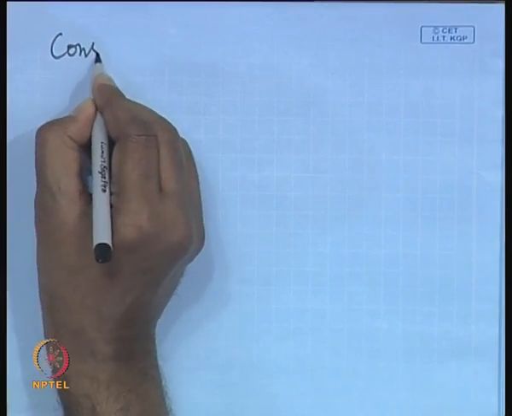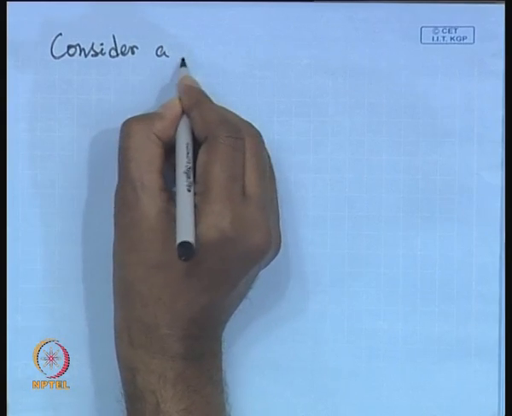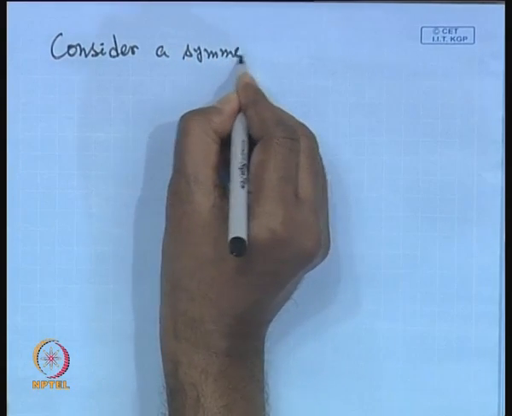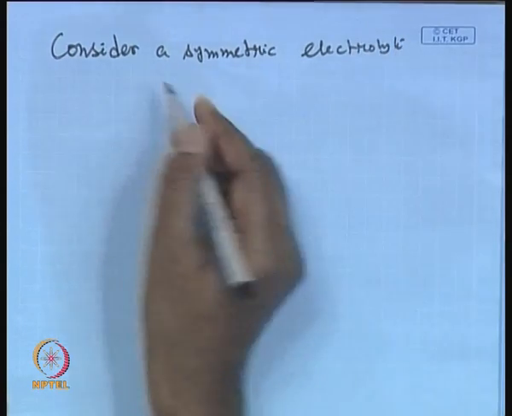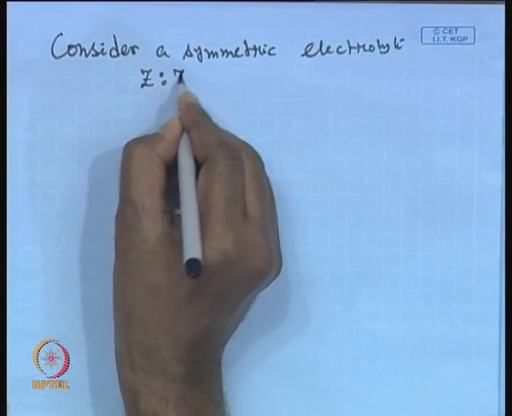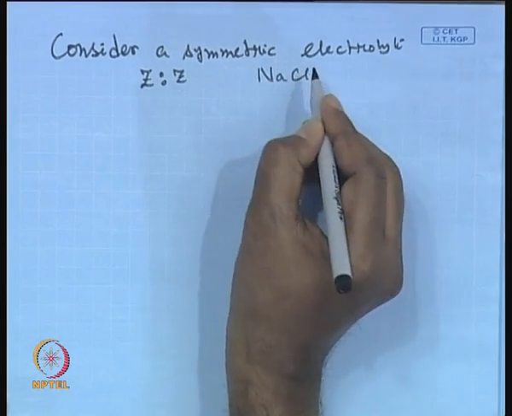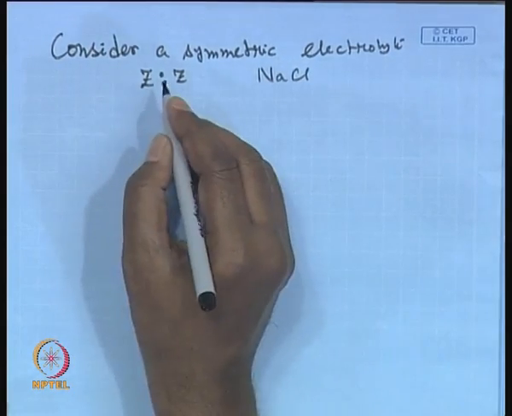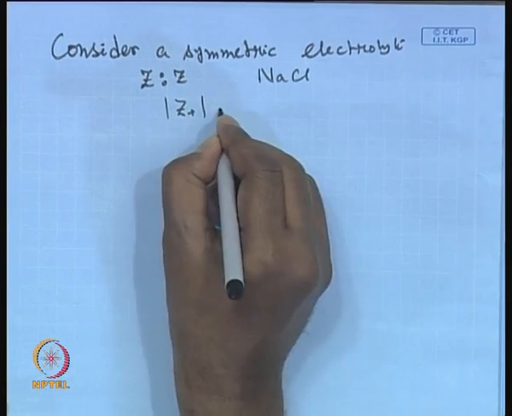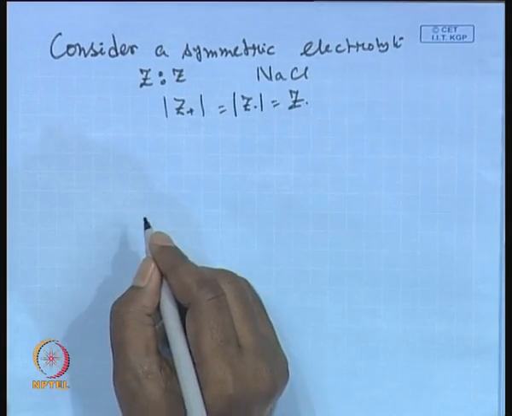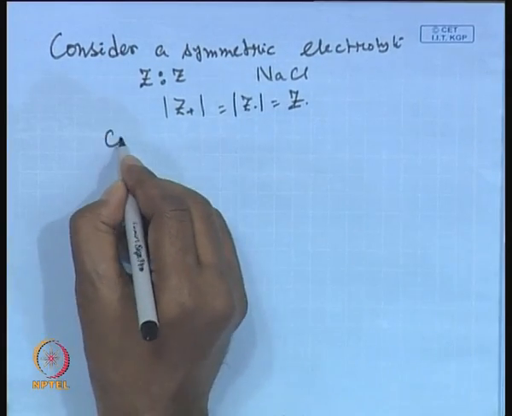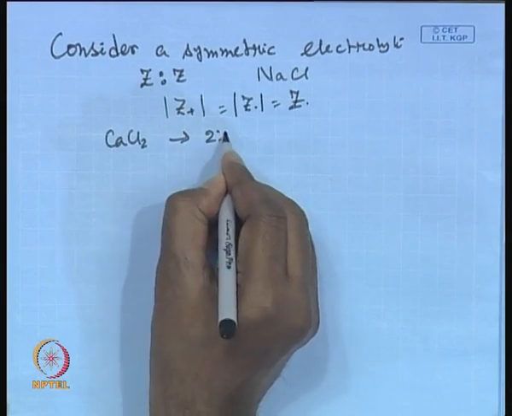Now, let us consider a symmetric electrolyte. A symmetric electrolyte is called Z is to Z, that means NaCl, where both the valencies are equal. So, that means Z plus and mod of Z minus will be equal to Z. So, it is sodium chloride. For example, if it is calcium chloride, it is a 2:1 electrolyte.